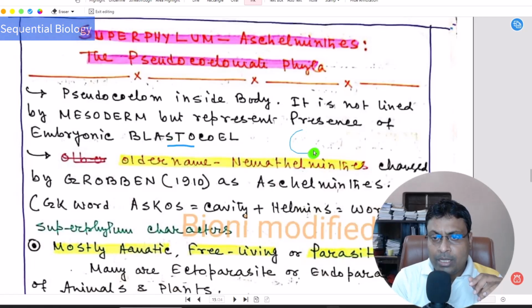When the blastula is formed during the developmental period, a fluid-filled cavity appears, and this fluid-filled cavity is known as a blastocoel. When this blastocoel is covered by mesoderm, then this is called a true coelom, and this true coelom can be found from phylum Annelida to phylum Chordata. But here this blastocoel is not covered by embryonic mesoderm, and so this type of body cavity is present in the members of the Superphylum Aschelminthes.